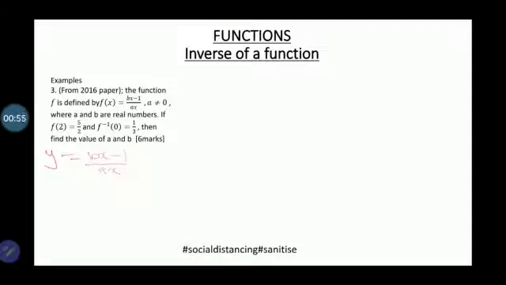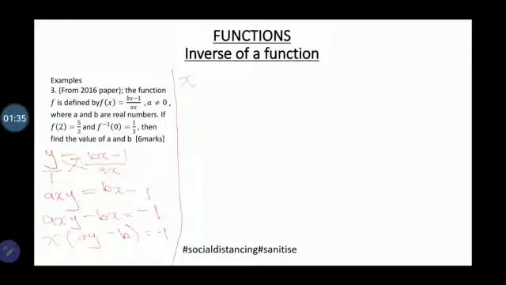Step 2, we make x the subject of the formula, so over 1, we cross multiply, then we have axy after multiplying a times... ax times y is equal to bx minus 1. We want to make x the subject of the formula, so let's have the x's on one side. So I have axy minus bx is equal to minus 1. So x is common, we factor it out, and remain with ay minus b is equal to minus 1.